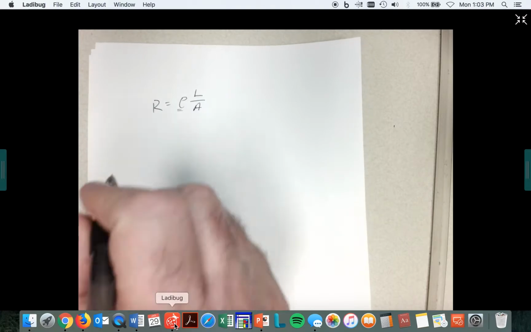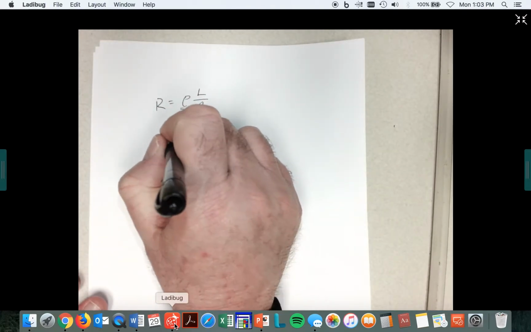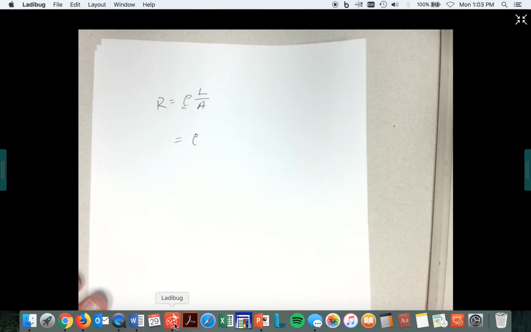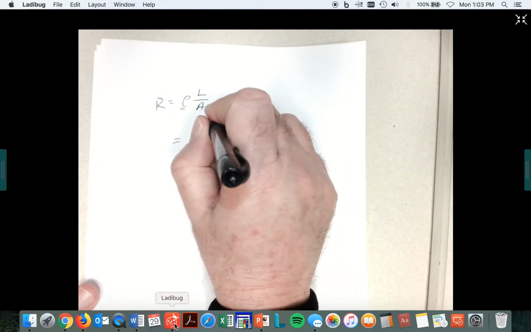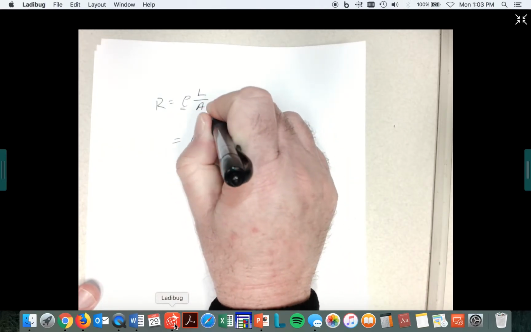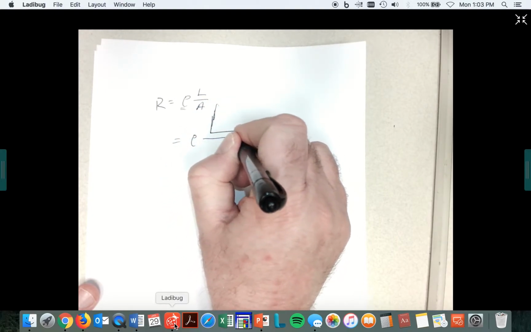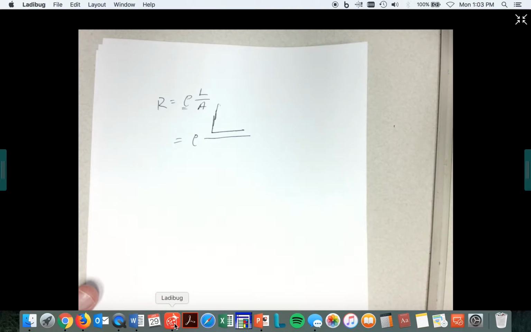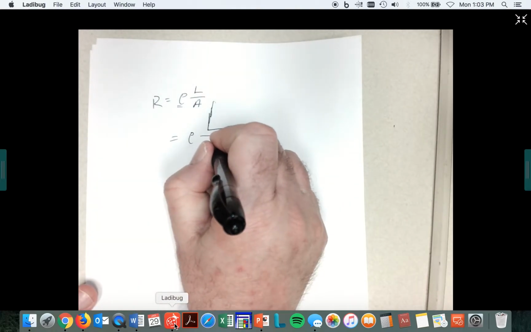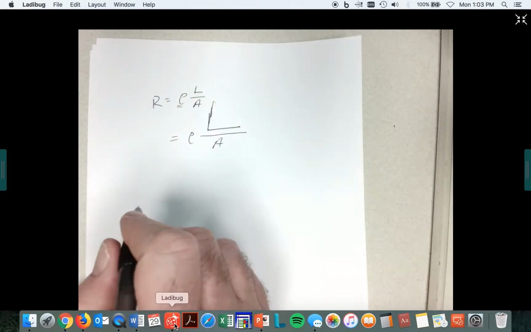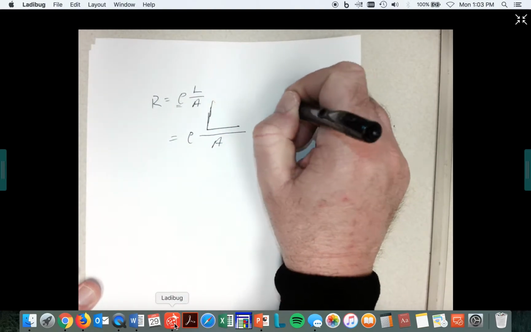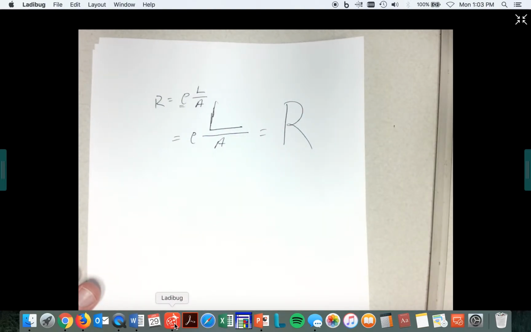If my resistivity, how claustrophobic I am, is the same, and I come up to a long, dark tunnel and the area is not bad, what happens to my resistance? My resistance gets huge. I don't want to go through there. It's going to be hard to get me to go through there.